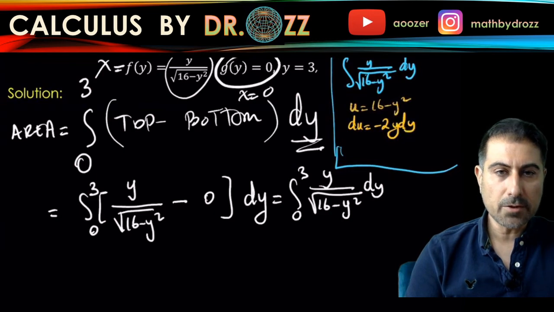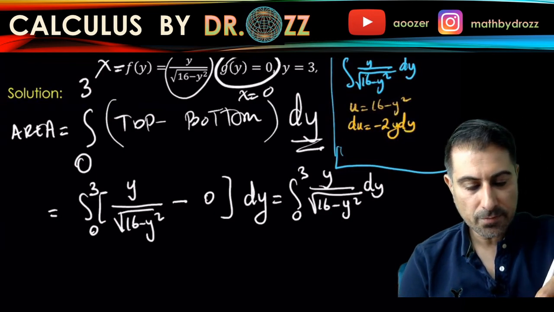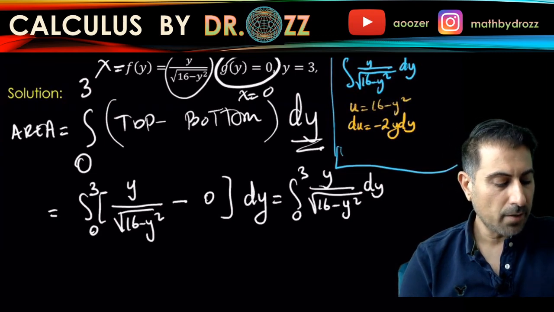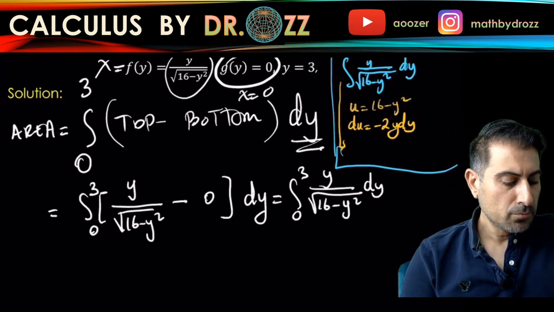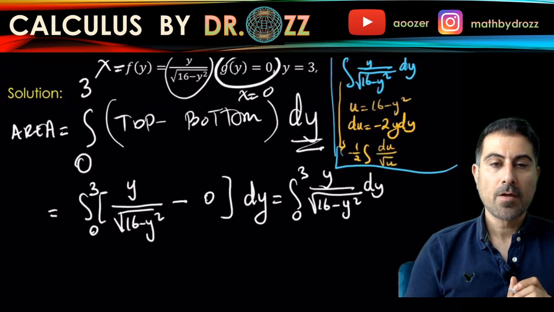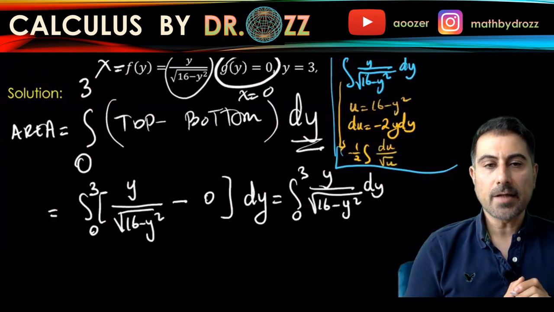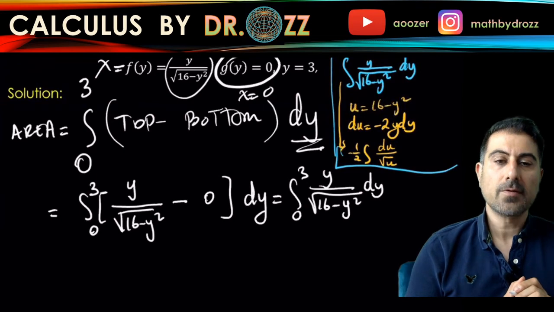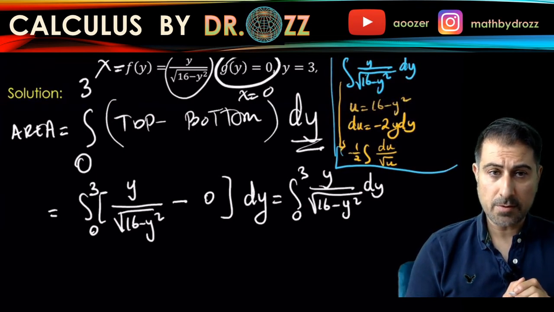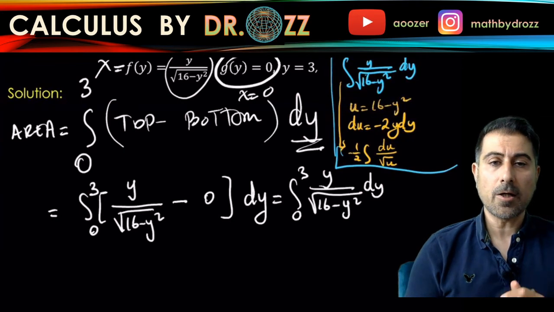So this integral turns out to be negative 1/2 times the integral of du over radical u. You can just rewrite that as u to the negative 1/2 and integrate it.